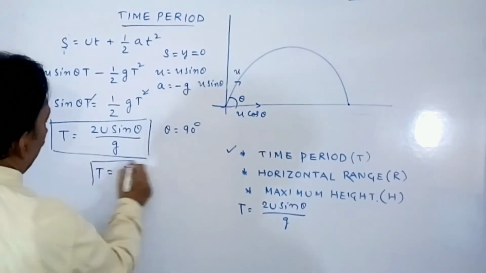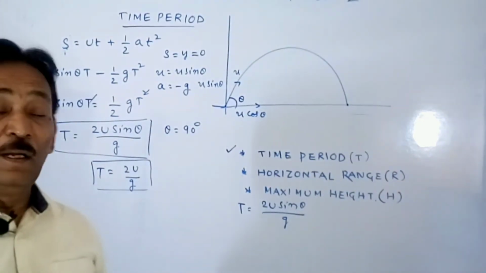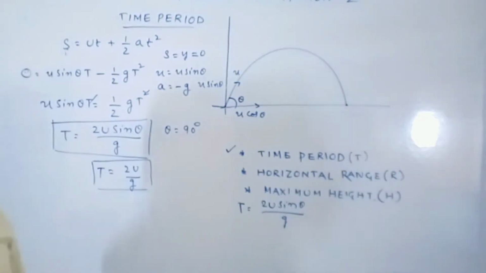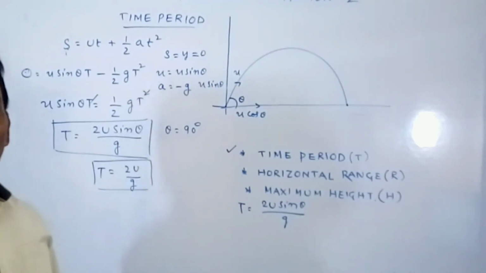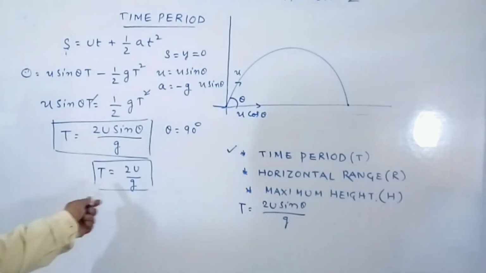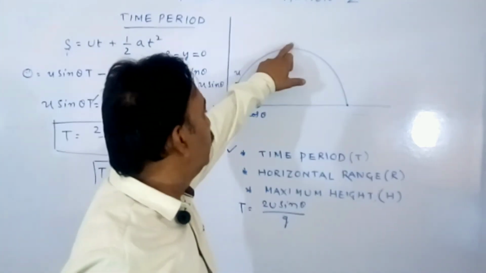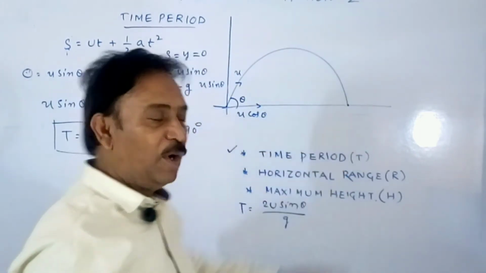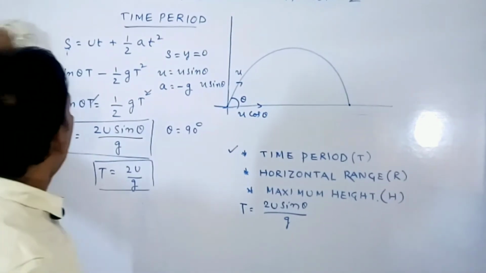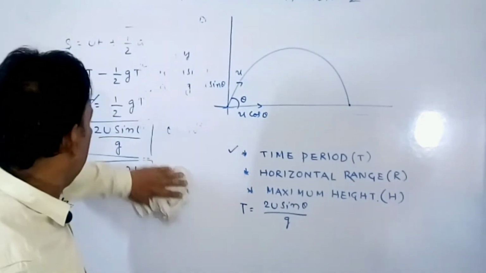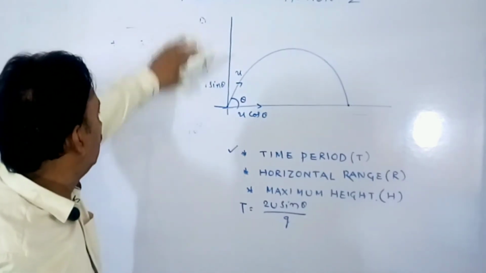It is the similar equation you have learnt for vertically projected bodies and freely falling bodies. It is the sum of the time of ascent plus the time of descent. Time of ascent up to here, later it is time of descent. Okay, let's go with horizontal range. The next part you have to learn is the horizontal range.